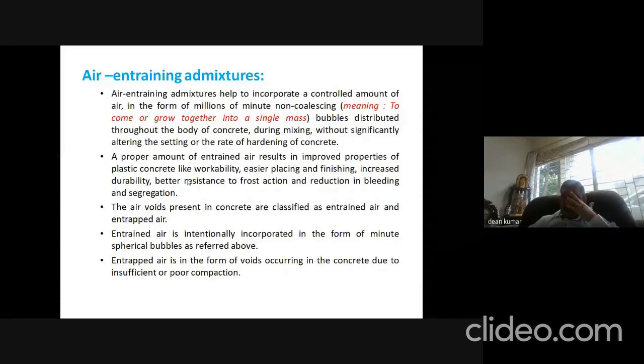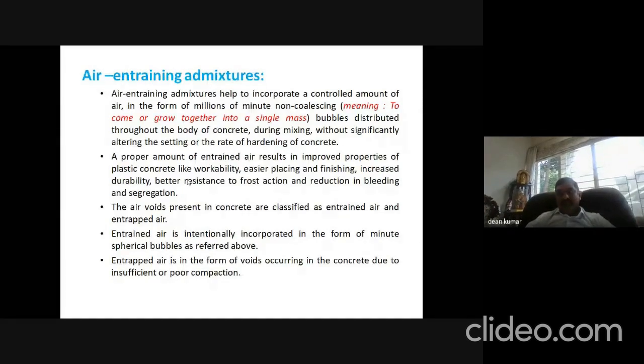Therefore, your workability will increase. Because workability has increased, it becomes very easy to place and finish the concrete.